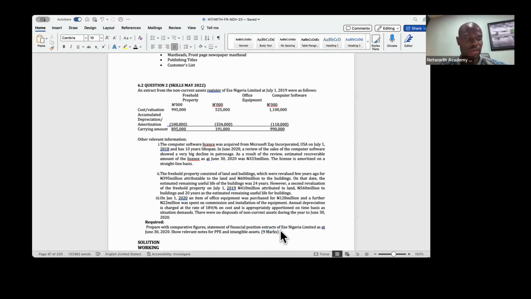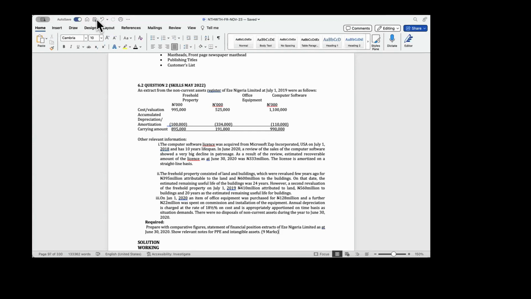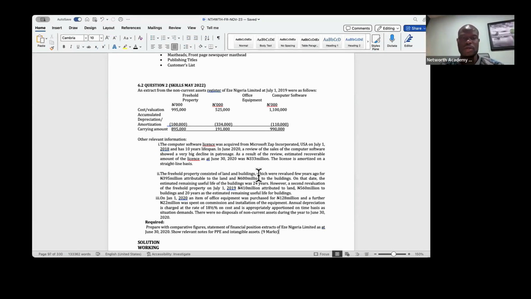What the examiner wanted us to do is that we should prepare with comparative figures, statement of financial position extracts of AZ Nigeria Limited as at June 30, 2020, show relevant notes for PPE and intangible assets, 9 marks.